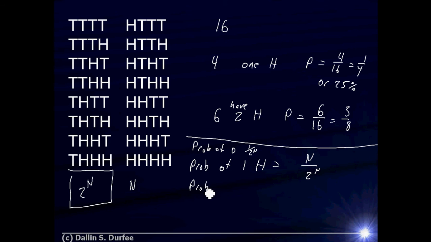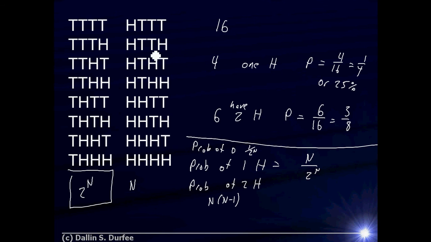What's the probability of 2 heads? Well, I have n choices for my first one and n minus 1 choices for the second heads. However, there's a problem here. Maybe I choose this one to be heads for my first one, and then this one for my second choice. But what if I chose this one for my first choice and this one for my second choice?